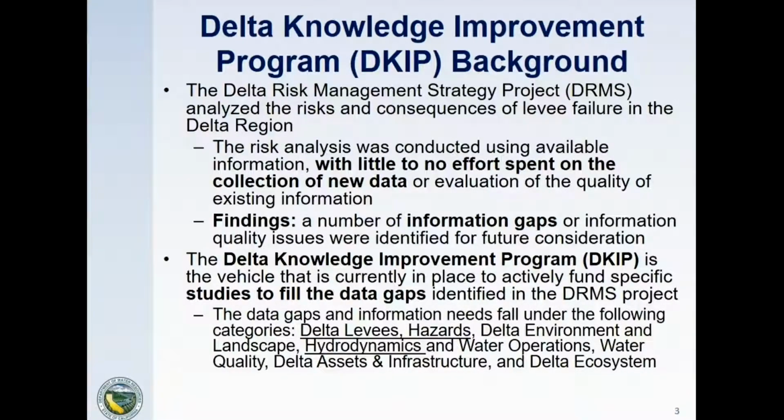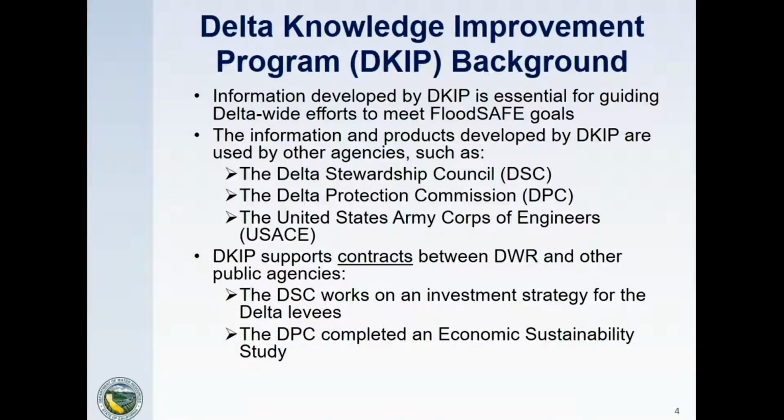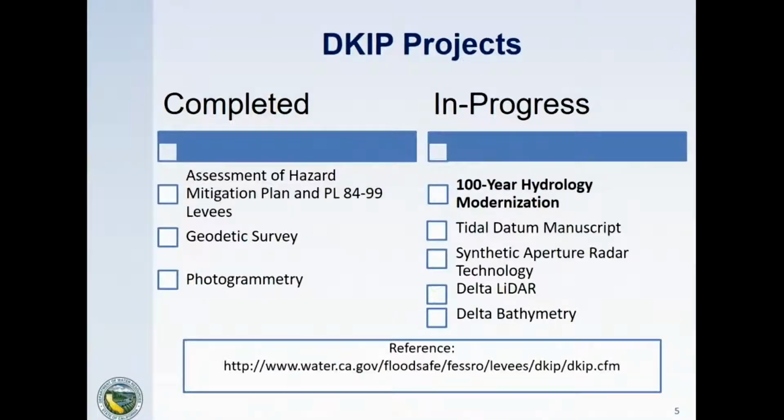To fill those gaps, the DKIP, Data Knowledge Investment Program vehicle, was launched, and a lot of projects were initiated under this program. The information from these projects would feed the different agencies to come up with an investment strategy and economic sustainability.